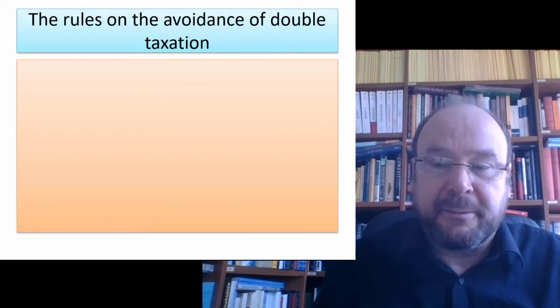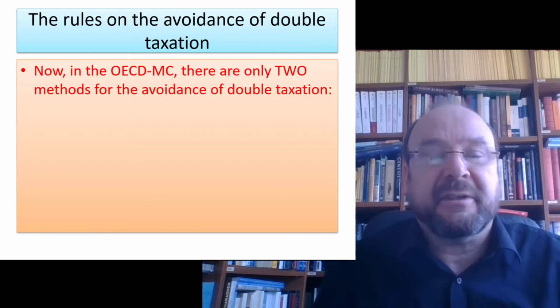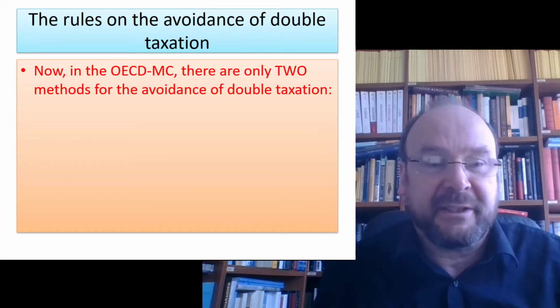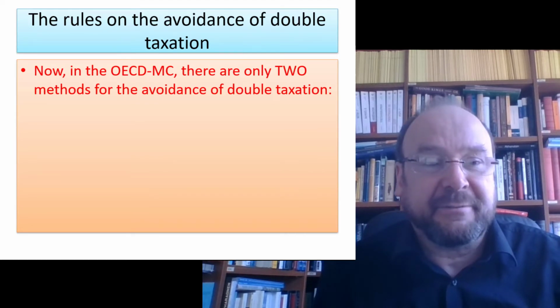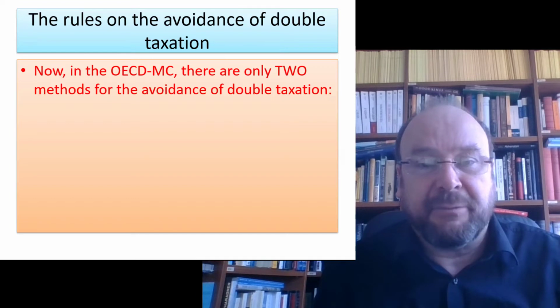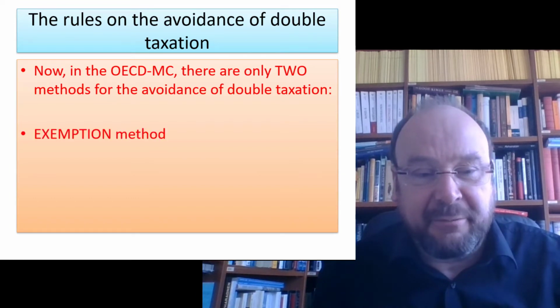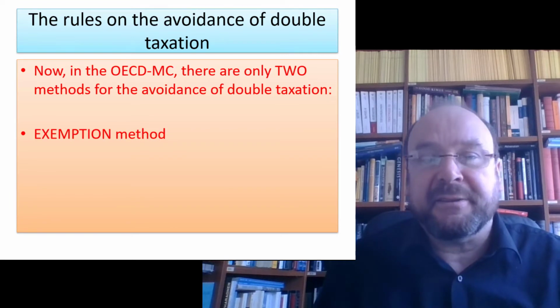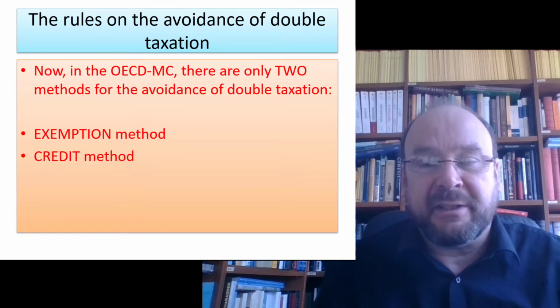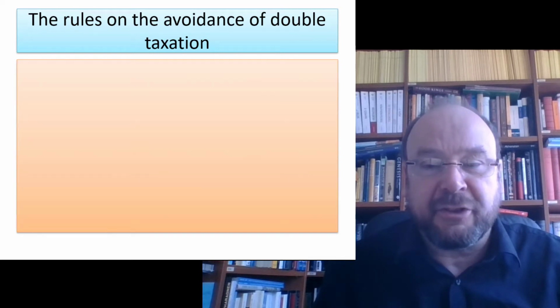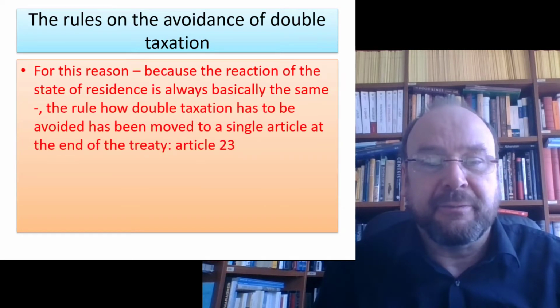Okay, so for the OECD Model Convention, as I mentioned, there are only 2 methods for the avoidance of double taxation, which are regarded as sufficiently generous to really avoid double taxation. That is first the exemption method, and secondly the credit method. So you have only the choice between these 2.